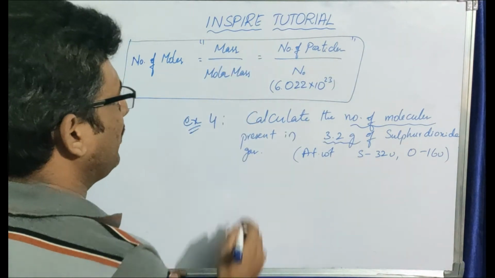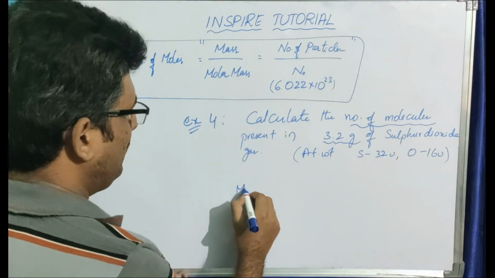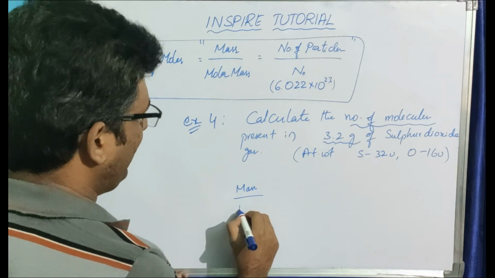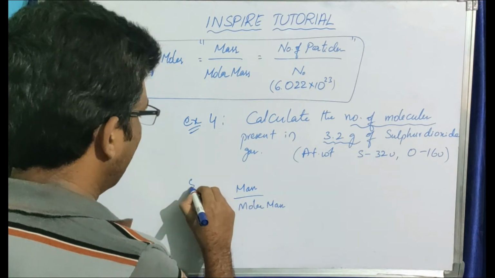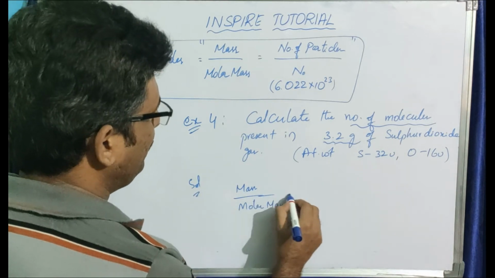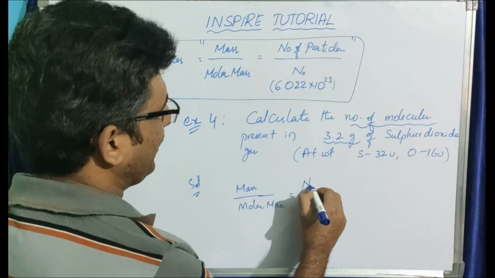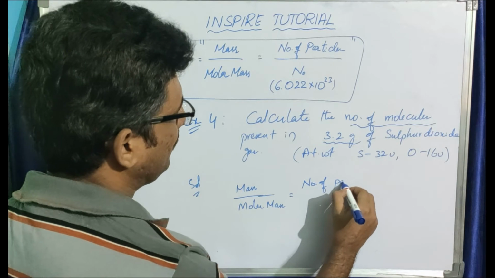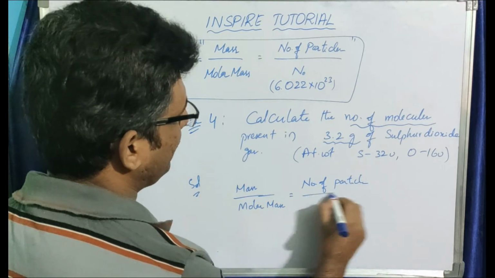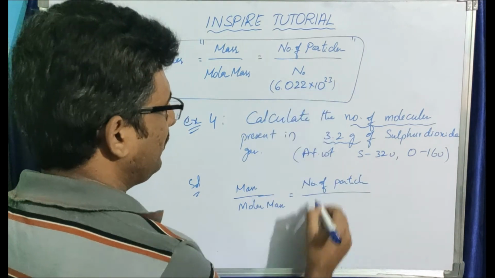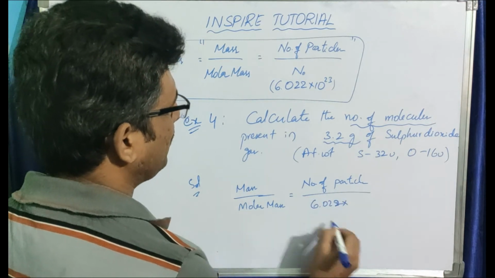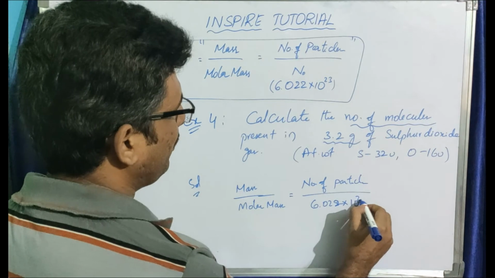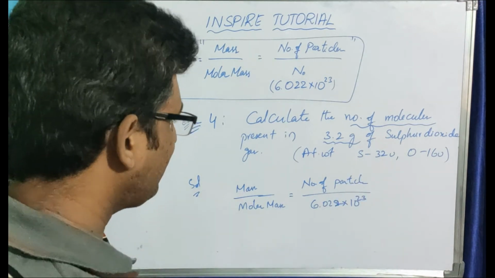So you will take this formula, that is mass divided by molar mass equals number of particles divided by Avogadro number, that is 6.022 into 10 power 23.